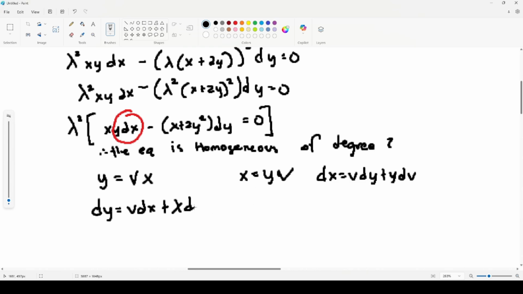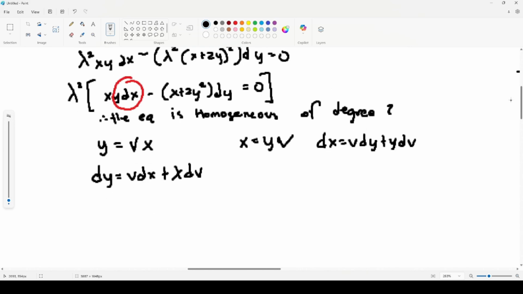But in my case, I'm going to go through with dy just to make the point that you can use any variable. Why do I make the point on substituting x equals vy? Because your homogeneous equation will result in a much smaller separable equation.